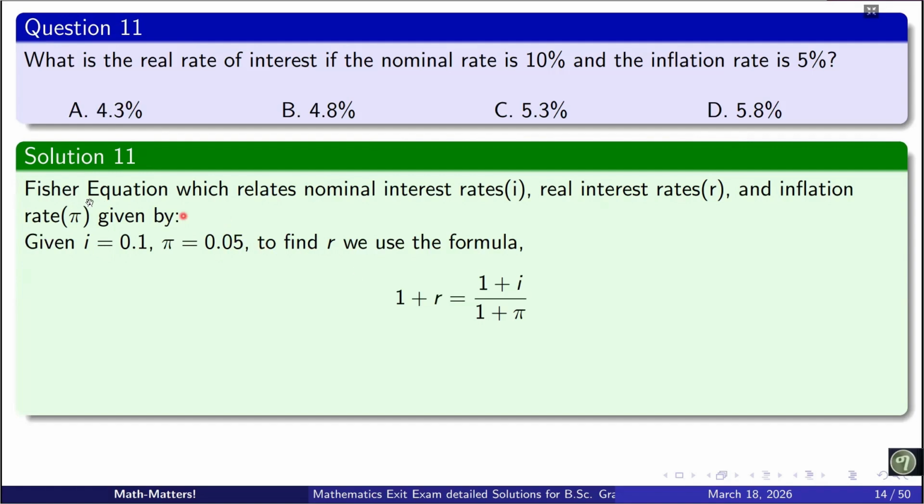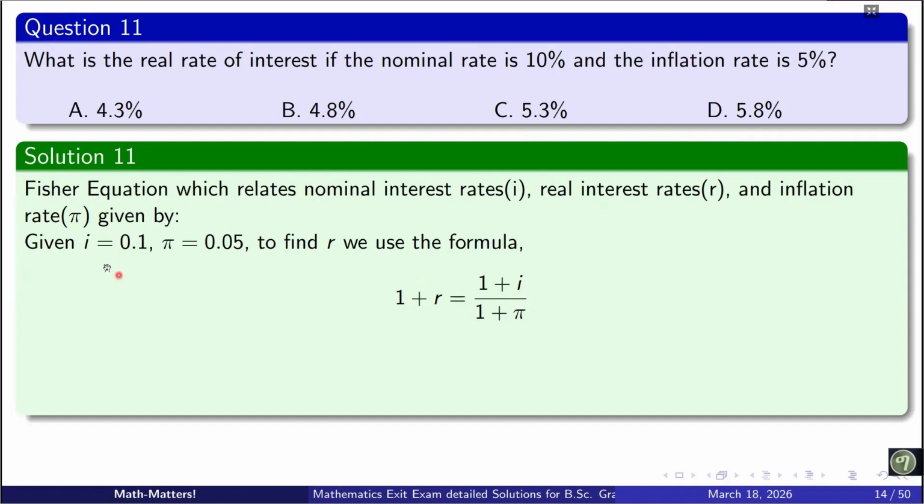The formula is 1 plus r is equal to 1 plus i over 1 plus pi, where r is the real interest rate, i is the nominal interest rate, and pi is the inflation rate.